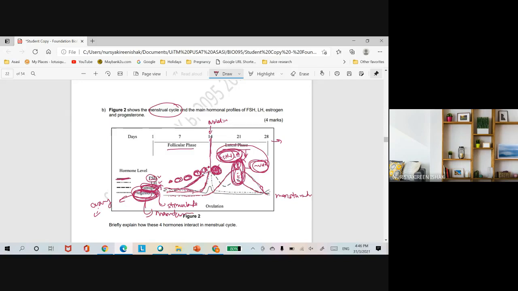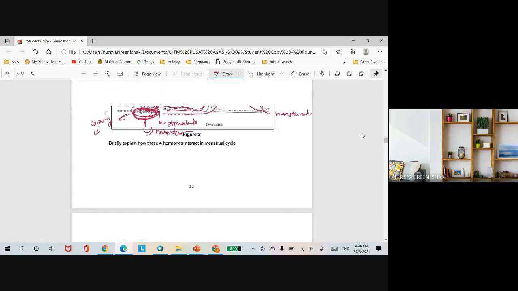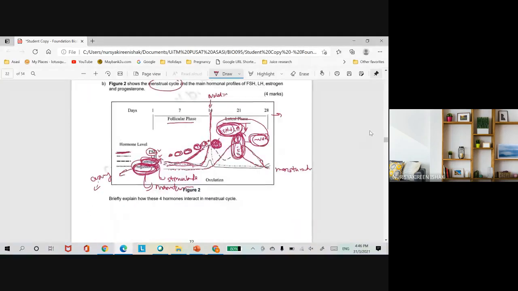Okay, so itu je lah. So semua yang saya cerita tu tadi, awak kena olah balik lah supaya markah awak jadi 4 markah. Okay, justru explain briefly lah. Tu briefly je lah apa yang saya explain kat situ. Taklah brief sangat, tapi basically itulah yang awak kena explain. Okay, fungsi FSH, fungsi LH, fungsi estrogen and also fungsi progesterone. Macam mana dia saling interact in the menstrual cycle. Okay.